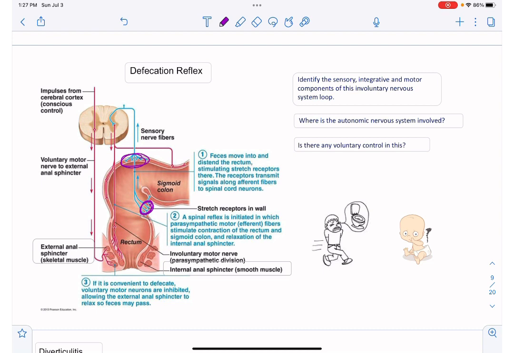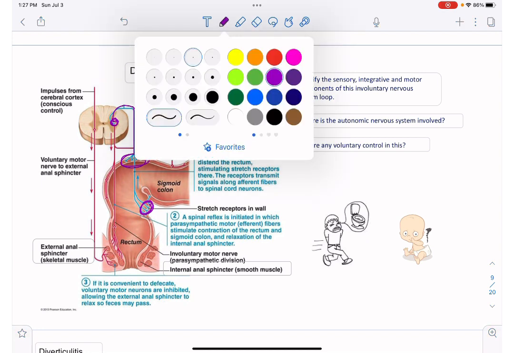That stretch information is then taken via sensory neurons. Where's that going? It's going to the spinal cord. So the spinal cord is going to be the integrator in this instance. The spinal cord is going to unconsciously decide what to do, but not really decide because it's already built into a reflex loop.